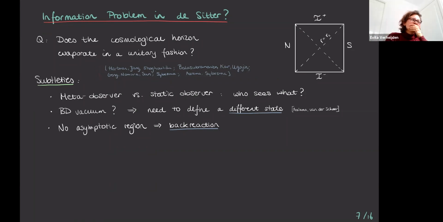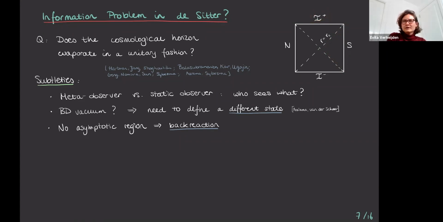There are a few subtleties that you should take into account if you want to think about this problem in de Sitter. One is that you can define different types of observers in de Sitter space. I already mentioned this static observer that sits here, who is surrounded by this cosmological horizon. But there's also another interesting observer that sits at future infinity and has access to the history of the universe.